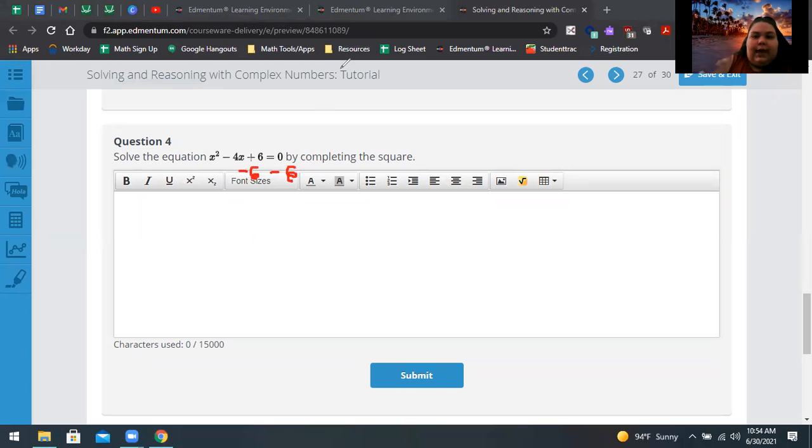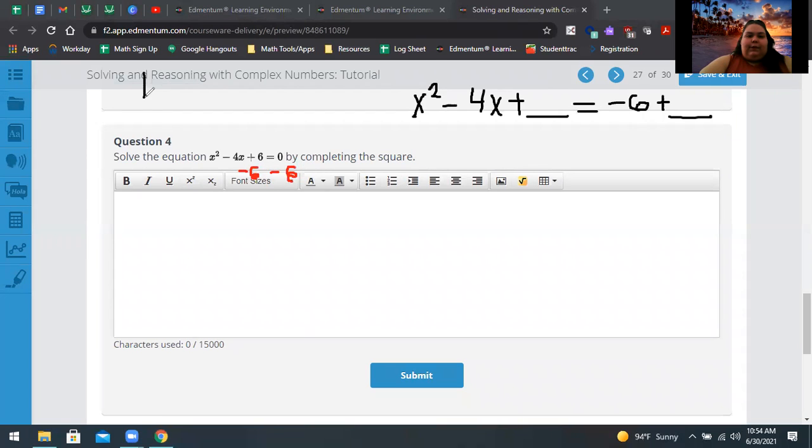So then we have x squared minus 4x. I'm going to leave a little space, right? Because remember, I'm going to put a number here. Equal to 0 minus 6 is negative 6 plus whatever number I put there. Now, to find that missing number, what I'm going to do is take my b value, we divide it by 2, and then we square it.